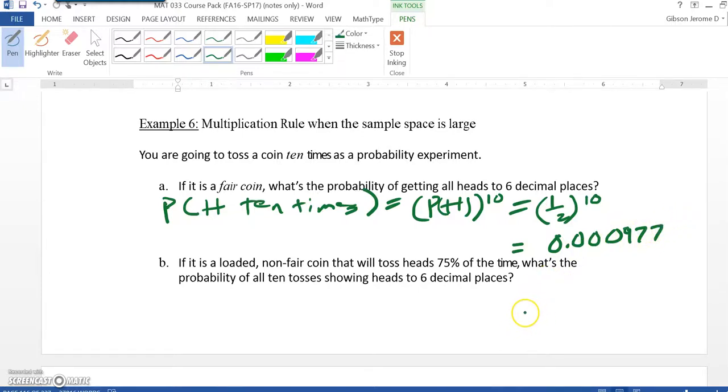Now we go here to B. It says if it is a loaded, non-fair coin that will toss heads 75% of the time, what's the probability of all 10 tosses showing heads to 6 decimal places? So it basically starts off the same. The probability of heads 10 times, and it's not fair.